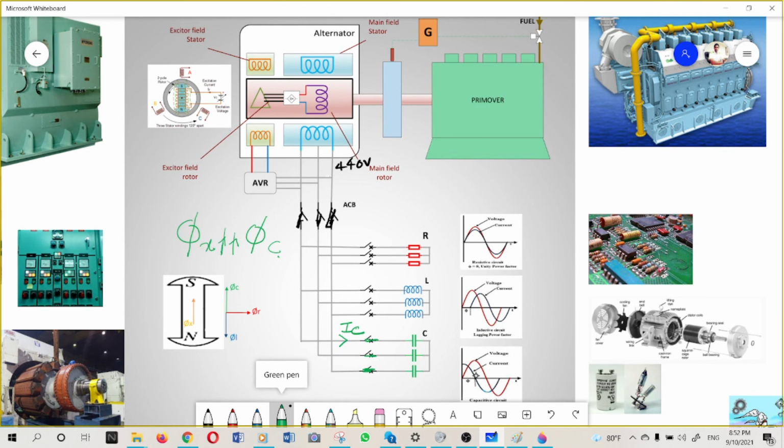I've told you that in capacitive circuits the current leads its voltage by 90 degrees. In resistive loads the current and voltage are in the same phase, but in a capacitor the current will lead. In the phasor diagram we can see it leads 90 degrees, so it will be in the same direction as the initial rotor field, which will increase the magnitude of the initial rotor field.